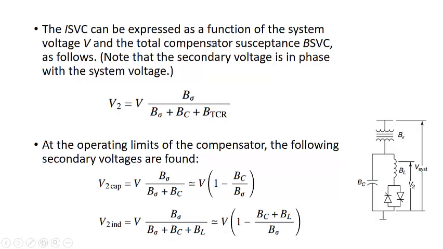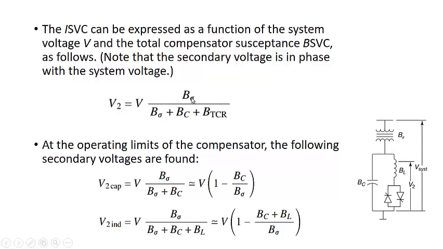So the I_SVC can be expressed as a function of the system voltage V and the total compensated susceptance. Note that the secondary voltage is in phase with the system voltage because of the transformer. So V2, when we use the voltage divider rule, is equal to the reactance across which we are calculating the voltage, divided by the total reactance of the system.